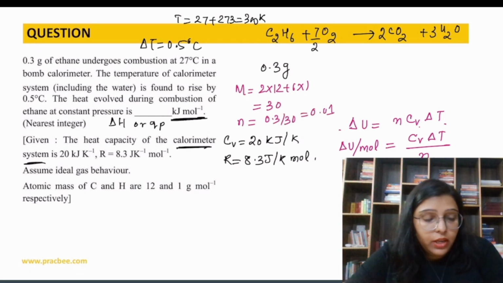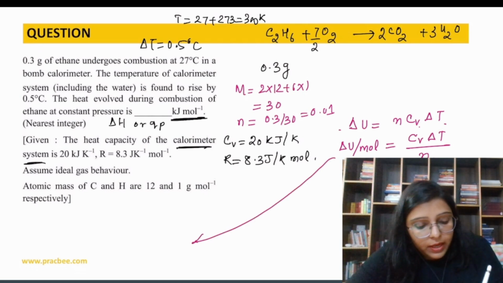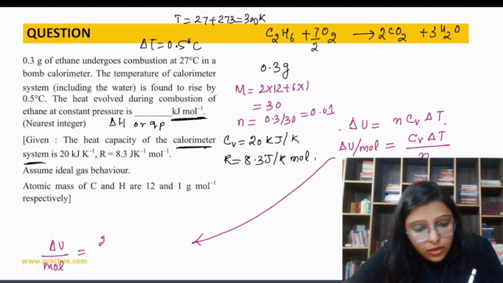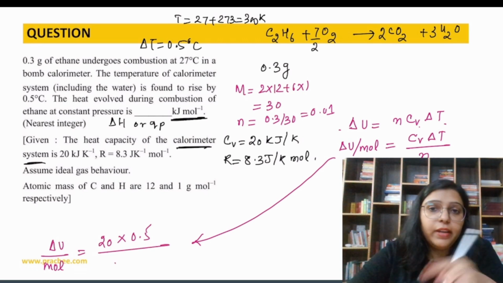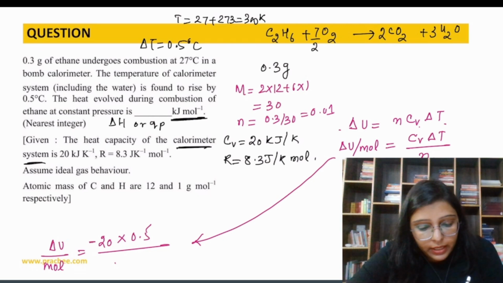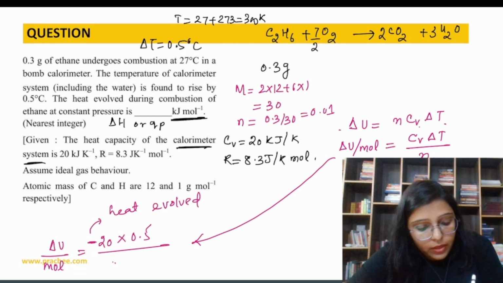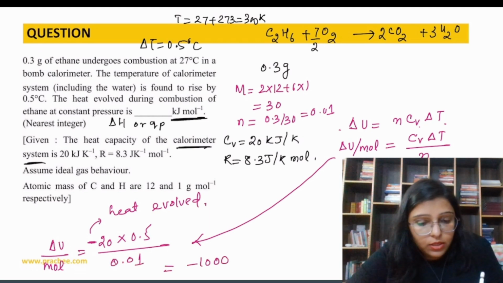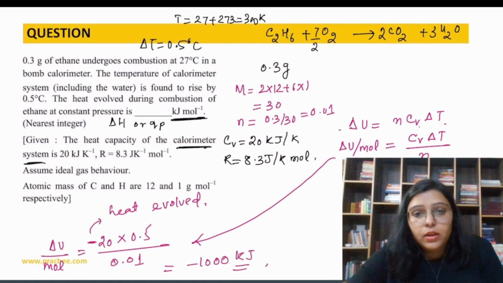If I solve for delta U per mole, it is equal to Cv, which is 20 kilojoule, into delta T 0.5, and heat is evolved, so we have to write minus, and minus indicates heat evolved. Now n is 0.01. So when you solve this, you get minus 1000 kilojoule.